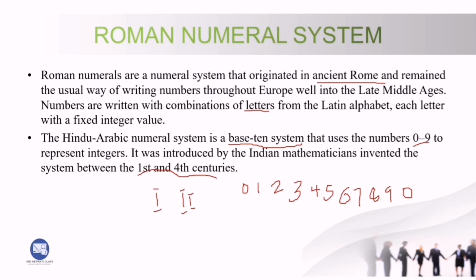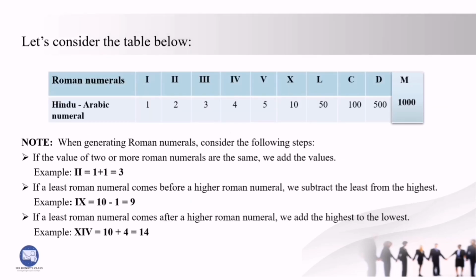So let's dive deeper. Let's consider this table. We will use this table in converting some Roman numerals into number forms. Looking at this table, we have the Roman numerals and their associated Hindu-Arabic numerals.